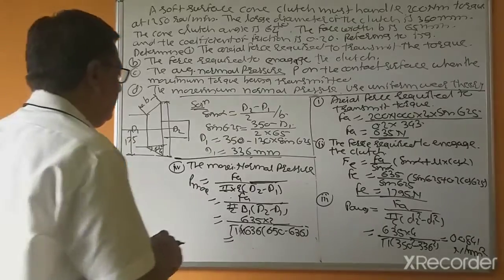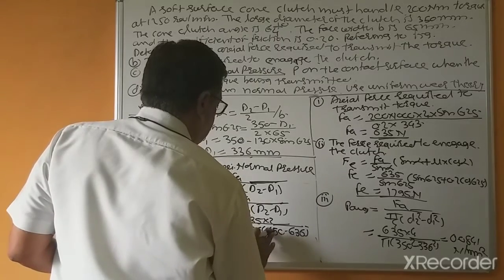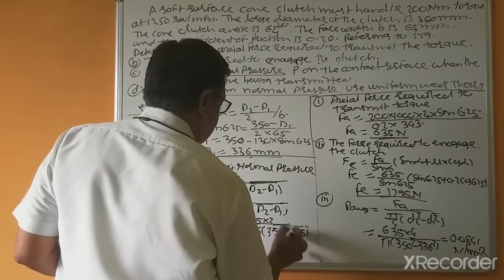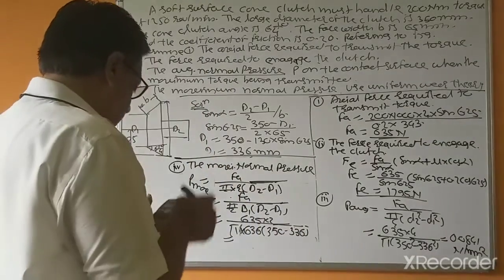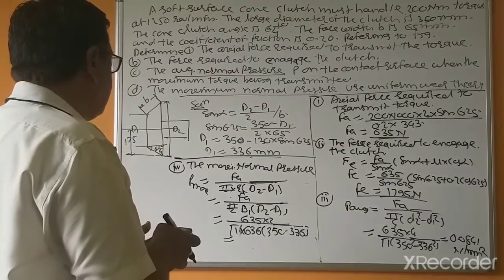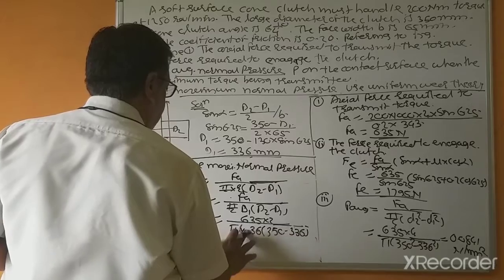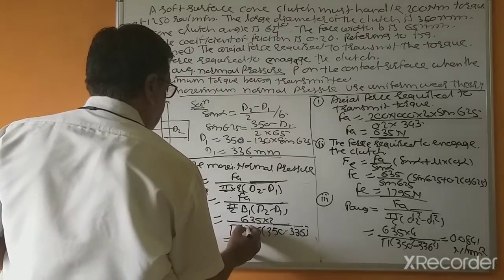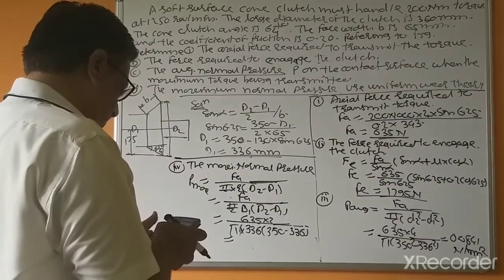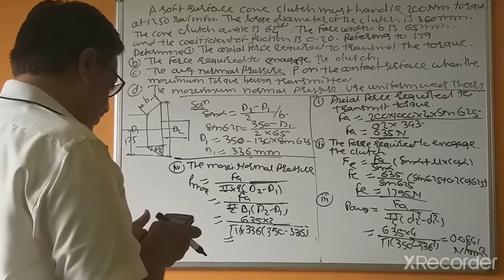Oh, sorry. So I consider this 350. This is 336. So I check now. 635 multiplied by 2, and this is 336, divided by 336 divided by pi and divided by 14.